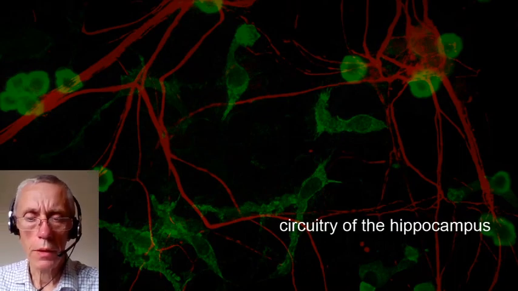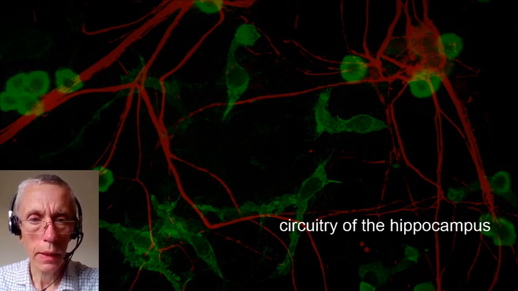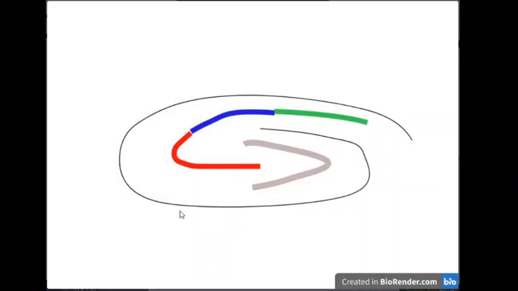In this video I'm going to give you a very simple outline of the circuitry of the hippocampus. Now you might remember that the hippocampus has this sort of classic shape where we have the dentate gyrus here. Let me just label that for you.